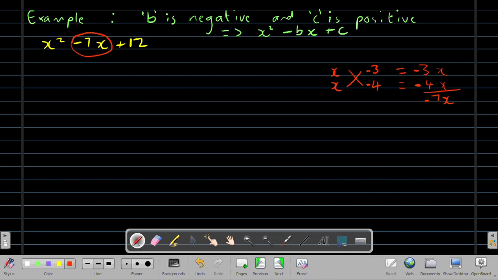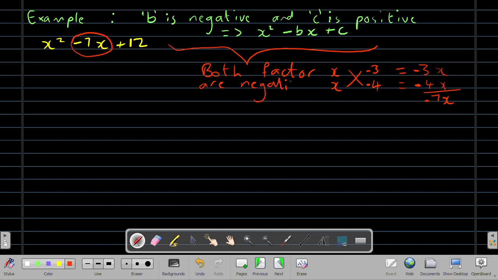So in general, we can even come up with the rule. Whenever you get this situation, right, in which you have b is negative and c is positive, both your factors are negative.